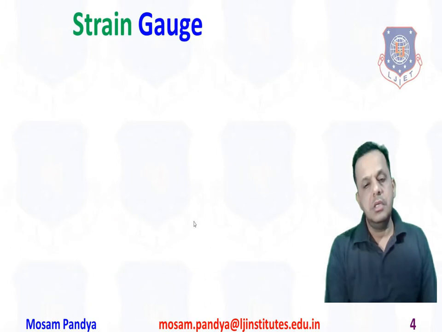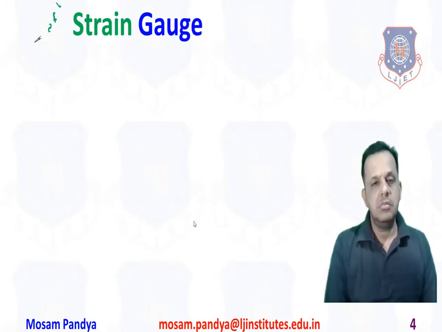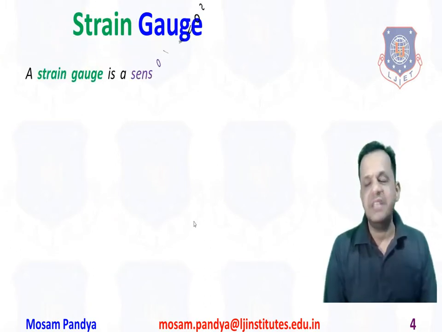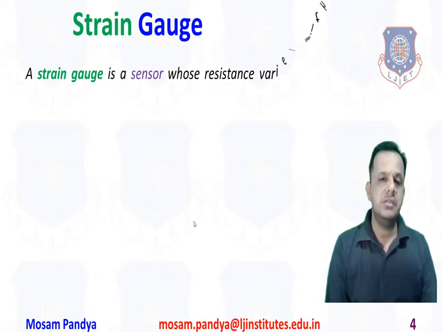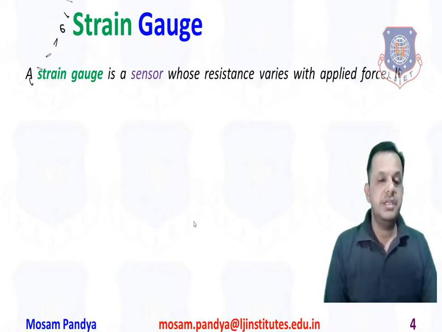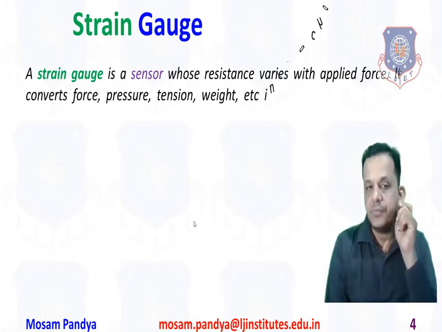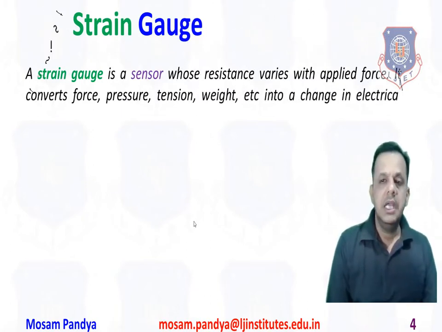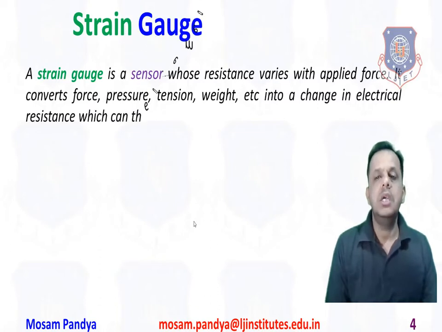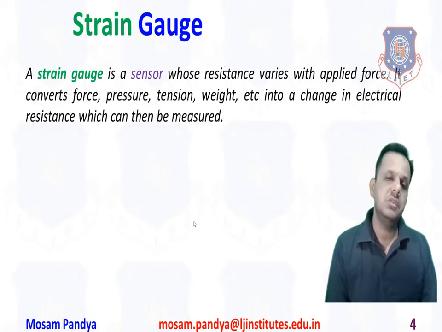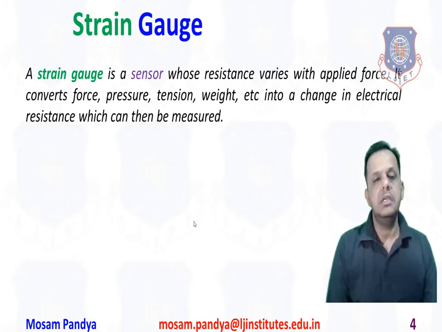So let us see what is strain gauge for us. We have been talking about sensors, so many sensors. It is one of the sensors which actually measures or senses the strain for you, like force, pressure, tension, weight, and that will convert into an electrical quantity which you can measure. So this is basically a passive type of electrical strain gauge.